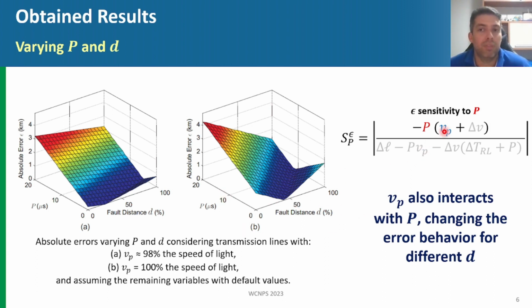It indicates that VP also interacts with P, changing the error behavior when the fault distance varies. So it is an interesting finding that shows how these variables can interact and how they can be difficult to predict in practical application.